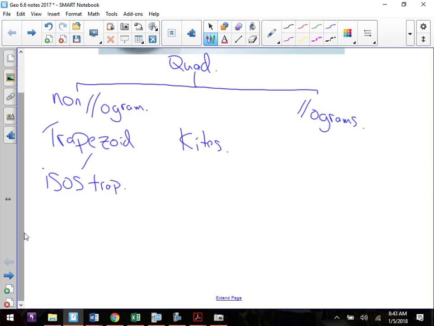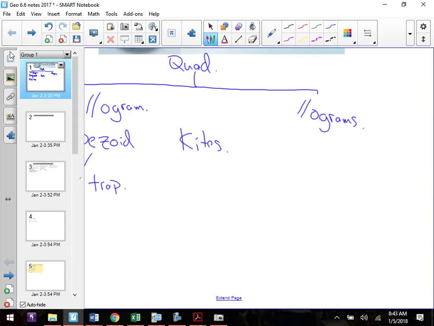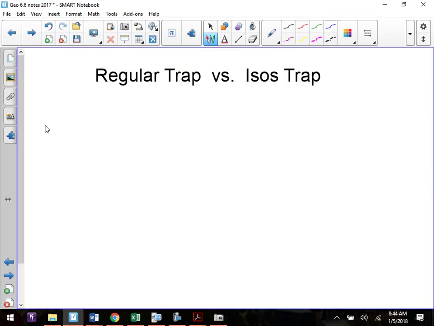Okay. First thing we'll look at then is trapezoid. Trapezoid is going to be a quadrilateral, which means it has four sides. Bless you. Wait for the second one. It has the four sides just like all the other quadrilaterals, but it only has one set of parallel sides. Okay. So, let's do trapezoid.